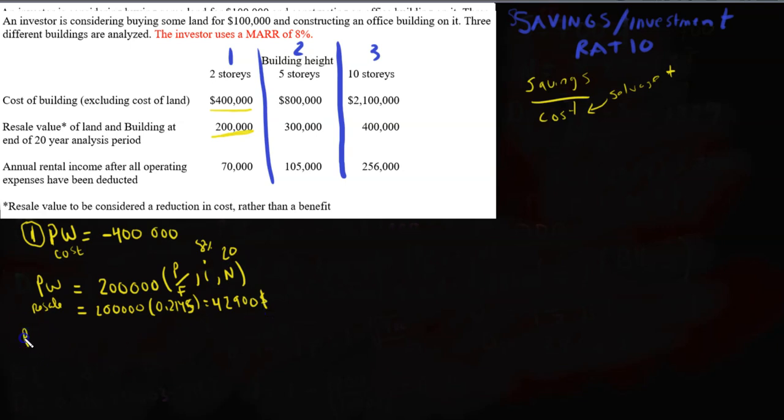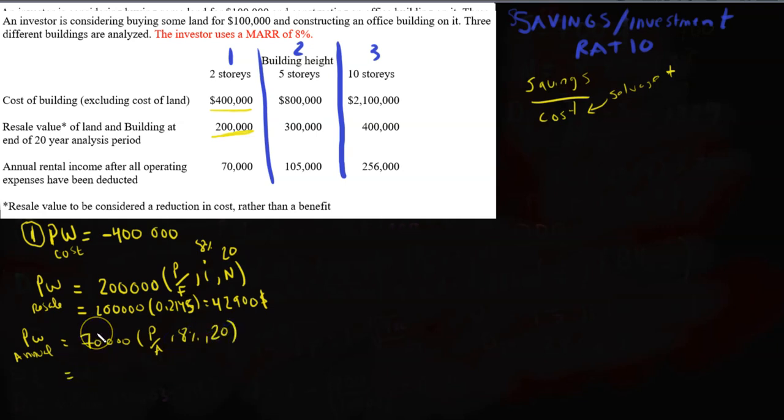Now the present worth of the annual income will have to be brought to the present using the P over A compound interest factor. So 70,000 multiplied by P over A. We want P given A, given 8%, given 20 years.